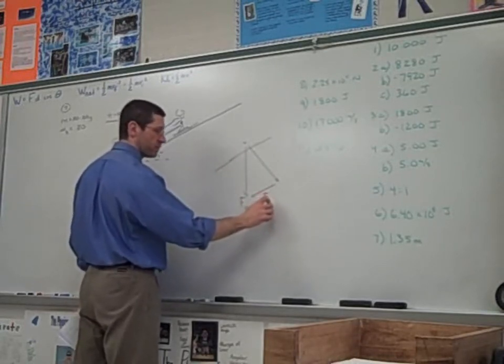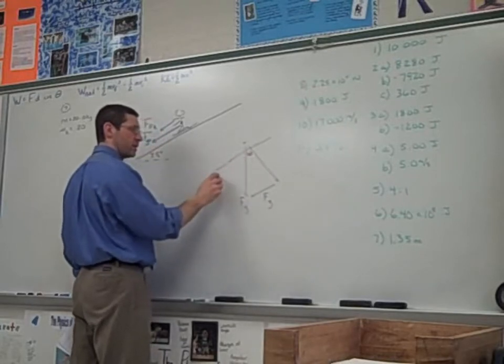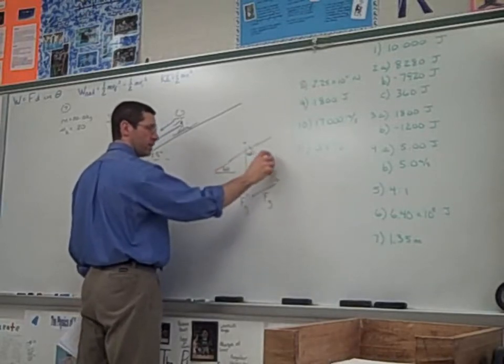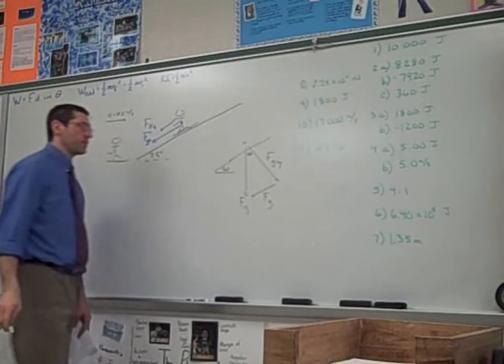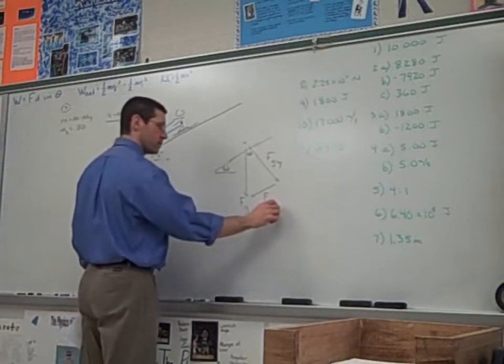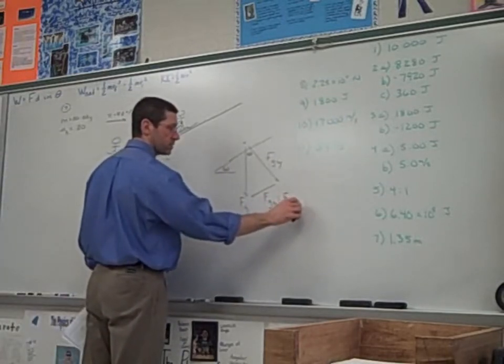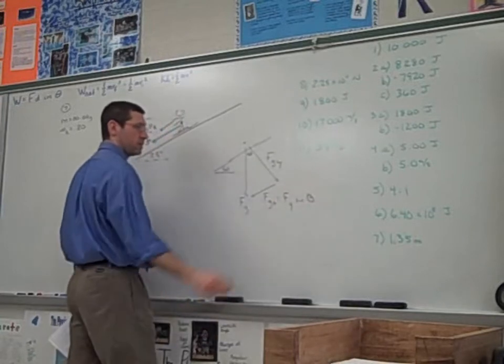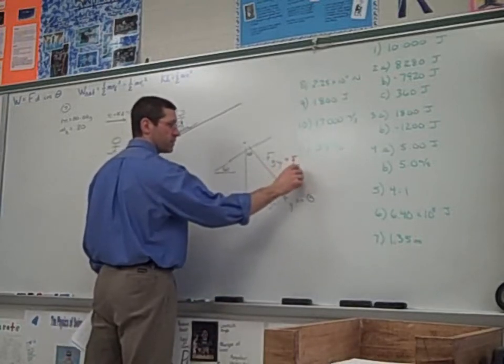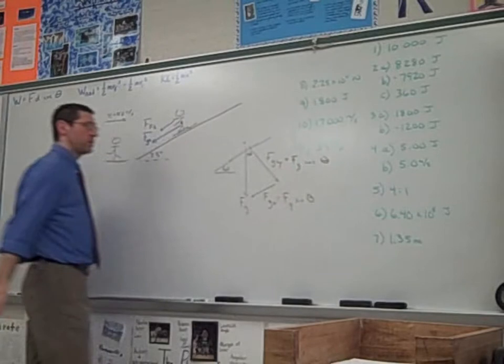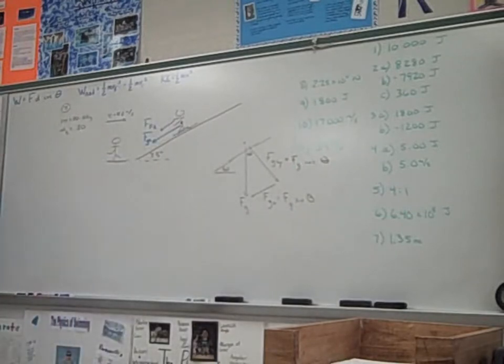This we called FGX. This angle is theta, and FGY. So FGX was FG sine theta, and FGY was FG cosine theta. So that's how we're going to get FGX.